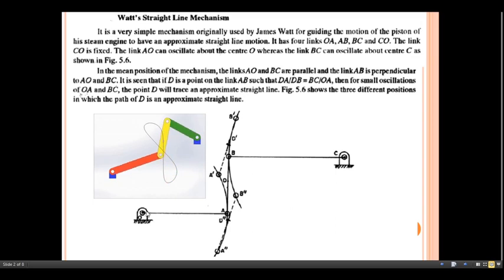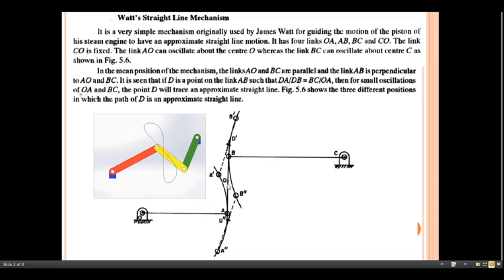Now if you see from the mean position, the link OD and link BC are parallel with each other. At the same time, the link AB is perpendicular to OA as well as BC.